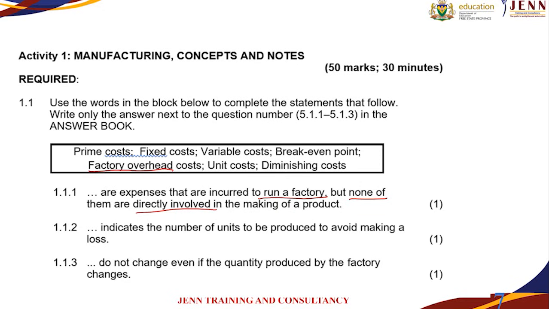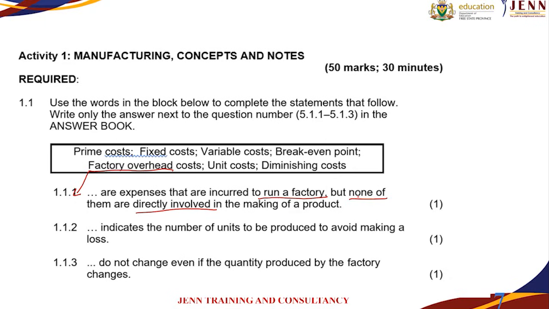Why are we saying they are the factory overhead cost? Because one, we use them to run the factory, but none of them are going to be involved in the production process. However, they are going to be expenses that will incur in the factory. So therefore, it will be factory overhead.